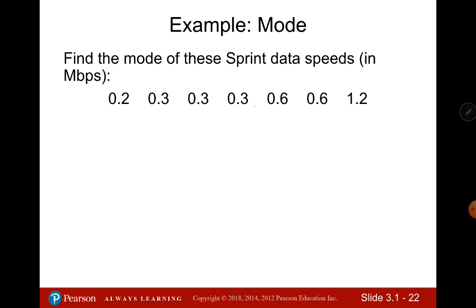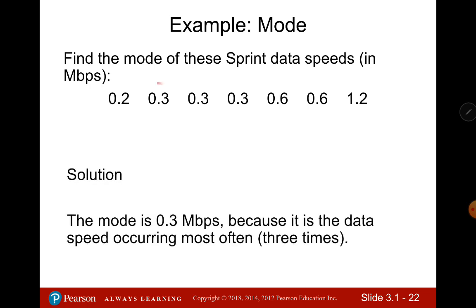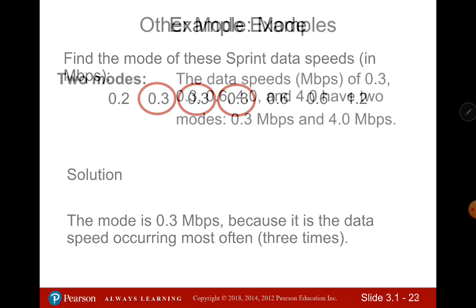So it's very clear, right? The 0.3 occurs the most because we have 3 0.3s. So 3 times is the greatest frequency here. 0.3 is our mode.